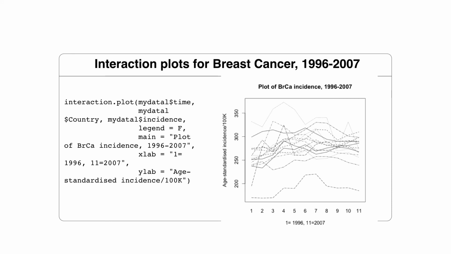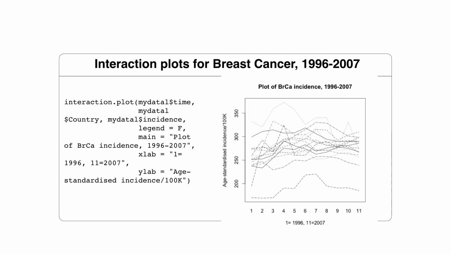Then the next thing which is important is that country is going to be my trace factor, because there are 16 units here. What we want to say is: what is the change in the incidence rates for each country? So that's why country becomes the next unit, which decides how many lines are going to be drawn here.